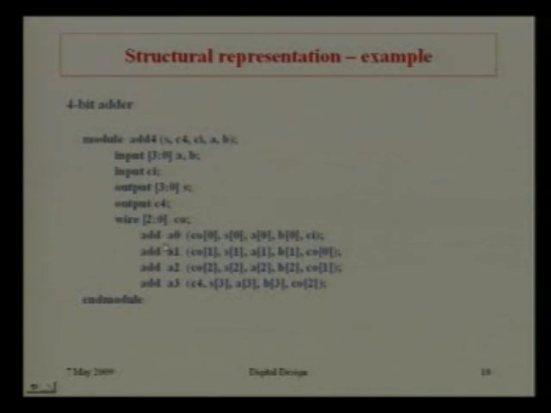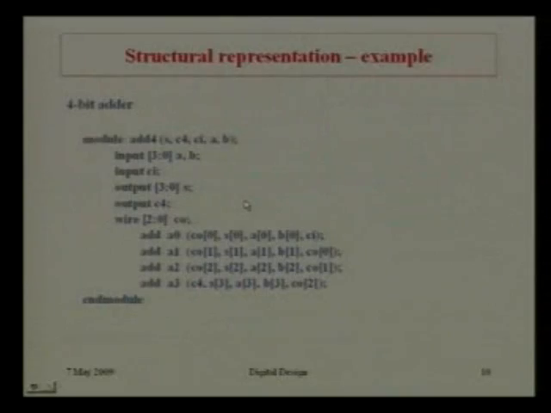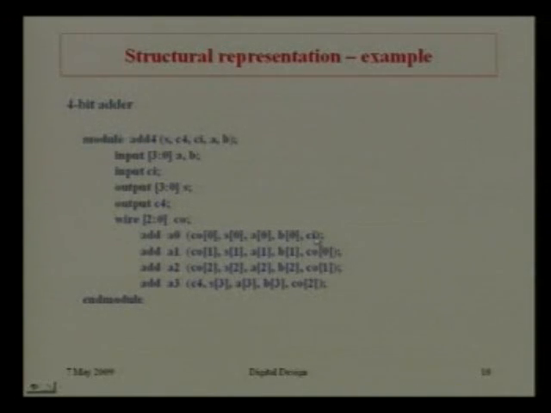Now see the 1-bit adder, these modules are all 1-bit adders. So this 1-bit adder is written add A0, add A1, add A2, A3. In the 1-bit adder there are C00, S0, where the first two are the outputs. Normally this is the way we write: the first two are the outputs and the last three are the inputs.